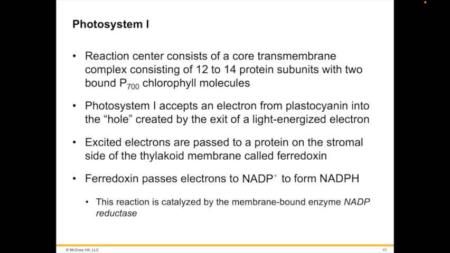Photosystem 1 accepts an electron from plastocyanin into the hole created by the exit of a light-energized electron. The absorption of a photon by photosystem 1 boosts the electron leaving the reaction center to a very high energy level. The electrons are passed to an iron sulfur protein called ferredoxin, and unlike photosystem 2 and the bacterial photosystem, the plant photosystem 1 does not rely on quinones as electron acceptors.